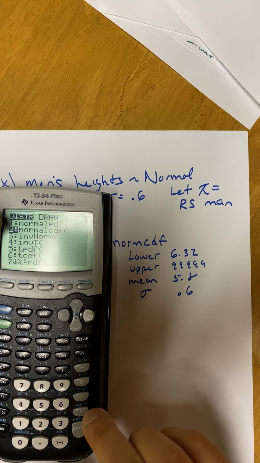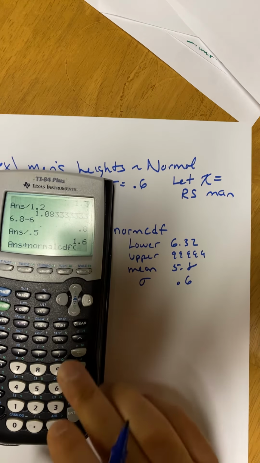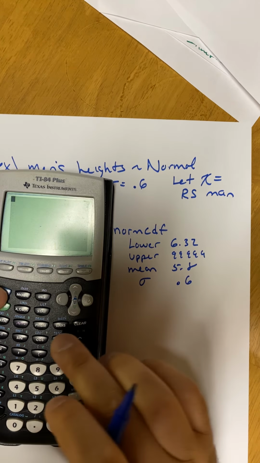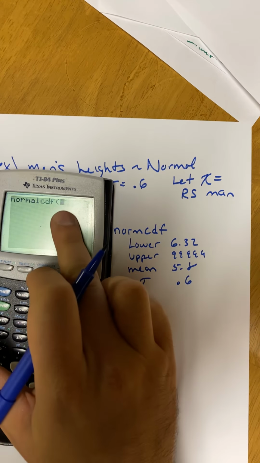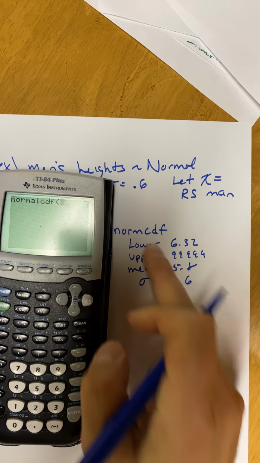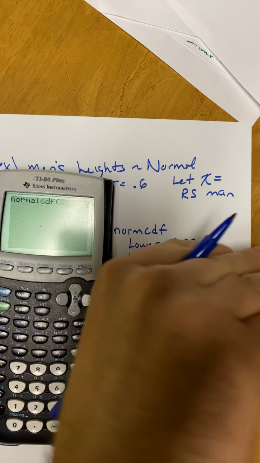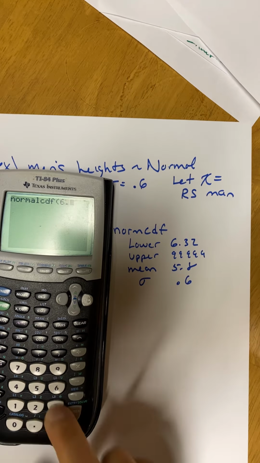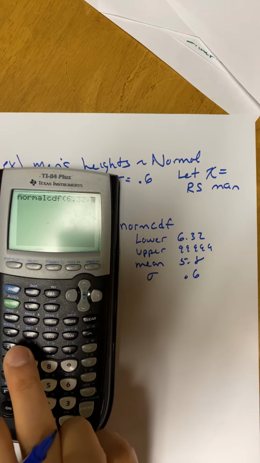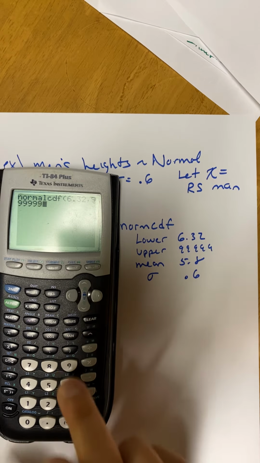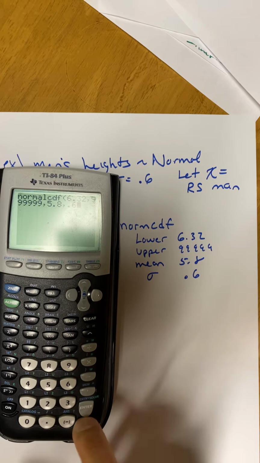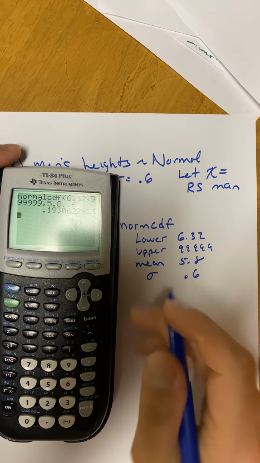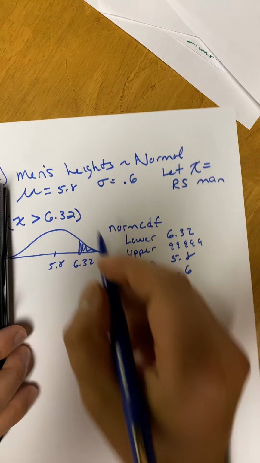Normal CDF, not PDF, CDF. If you have the old operating system, you do this, but going horizontally, not vertically. So 6.32, comma, a bunch of nines, comma, 5.8, comma, 0.6, enter. So it's about 19.3%.